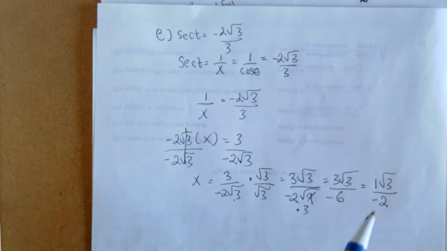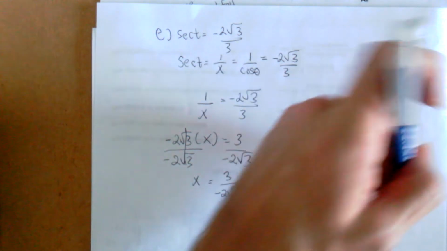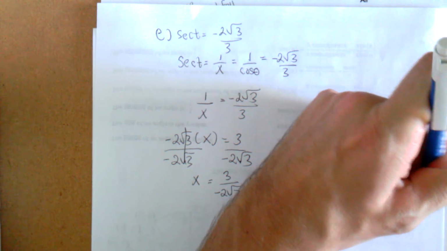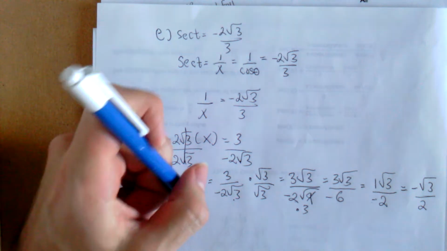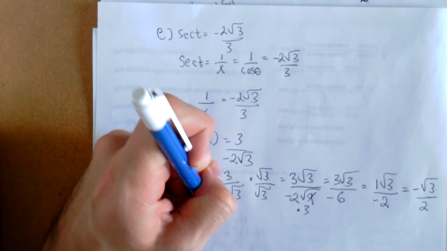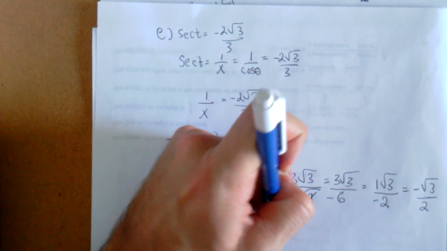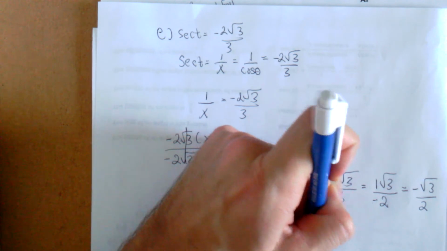Remember, we can choose where we put the negative sign. It can either be on the top or the bottom. I'll move it to the top because it looks easier to read. So we'll make it -square root of 3 over 2. That tells us x equals -square root of 3 over 2, or cosine equals -square root of 3 over 2.